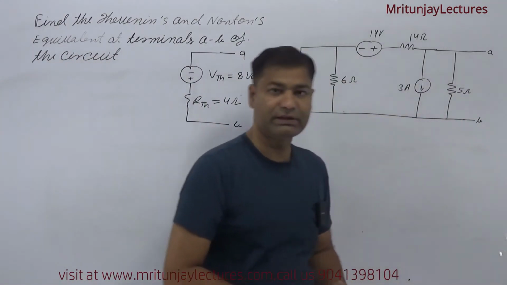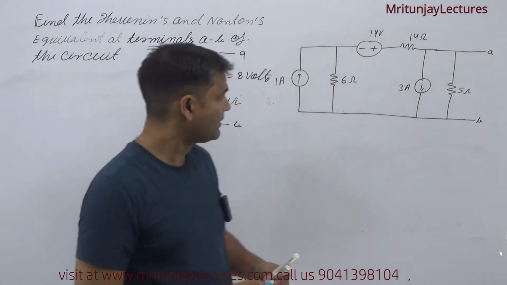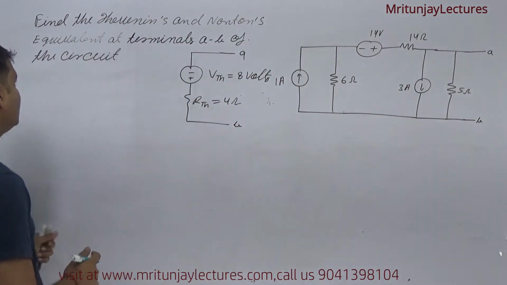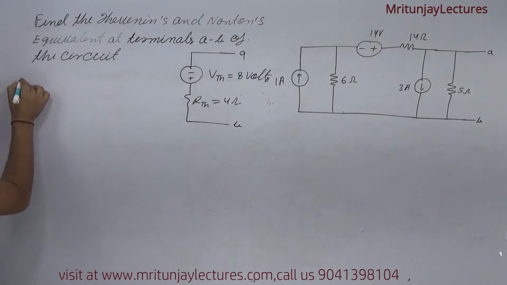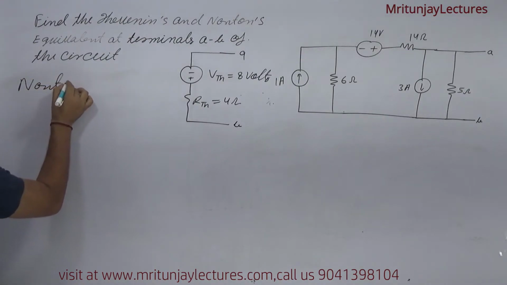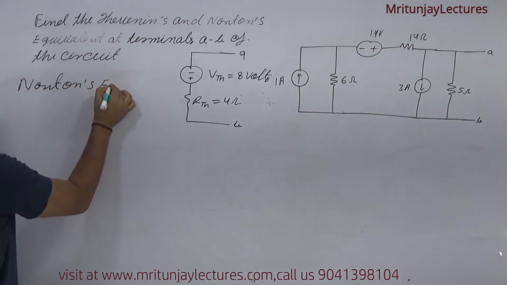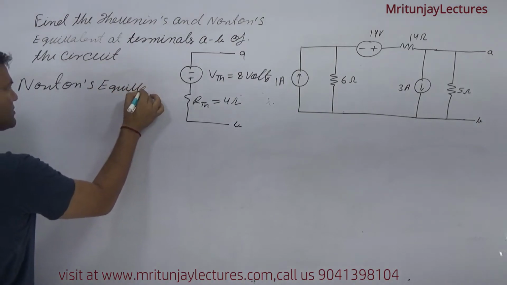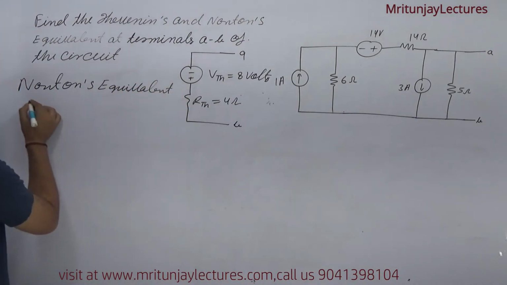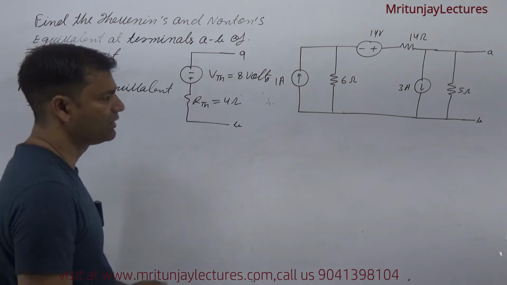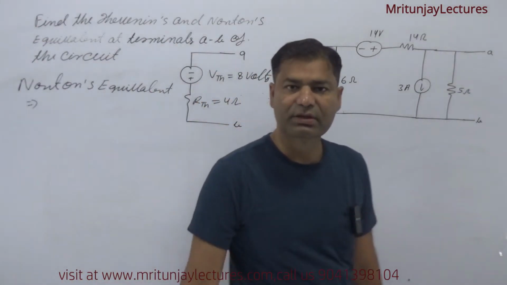Now another way, we focus on another type, the Norton equivalent. So first of all write here Norton equivalent. How can we represent a Norton equivalent? I have already discussed it.